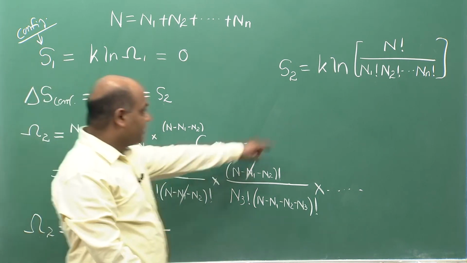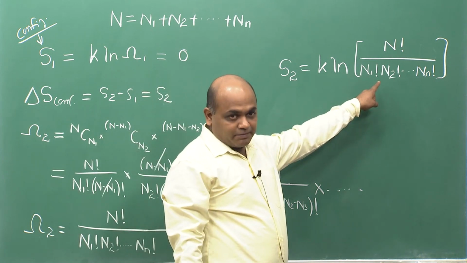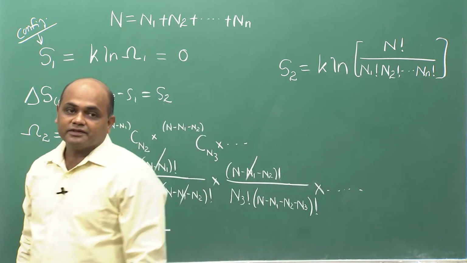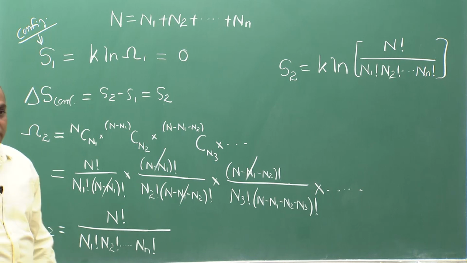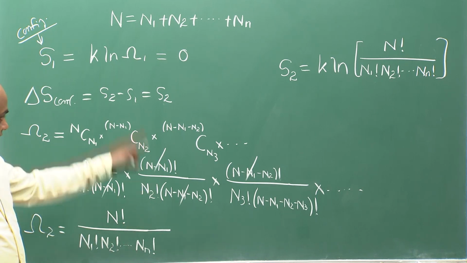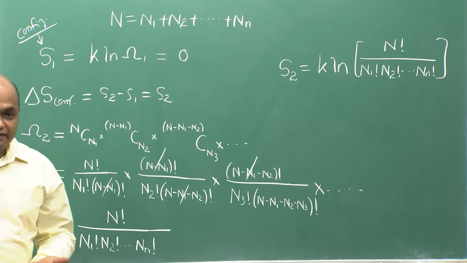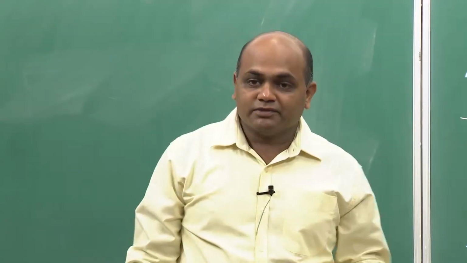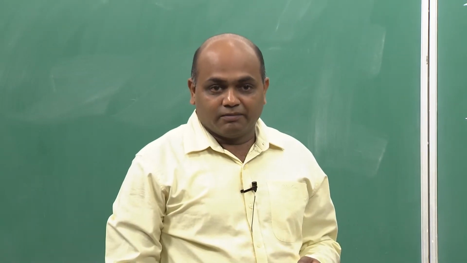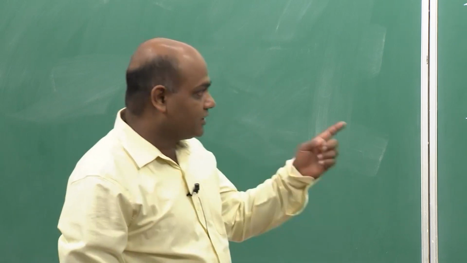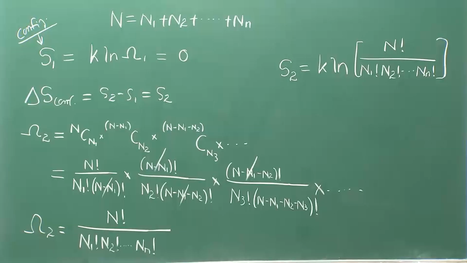So, each number here is typically a very large number, right. Even when we talk about 1 mole of solution, that n is going to be 6.023 times 10 to power 23 number of atoms, right. So, if we are dealing with large numbers, we can use Stirling's approximation.